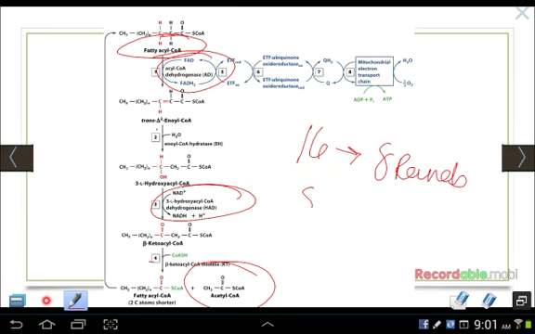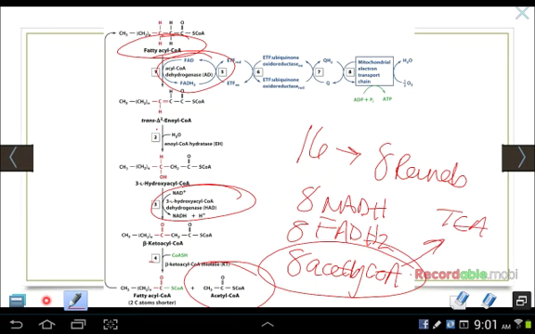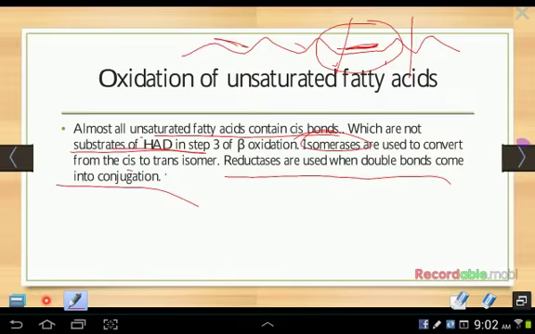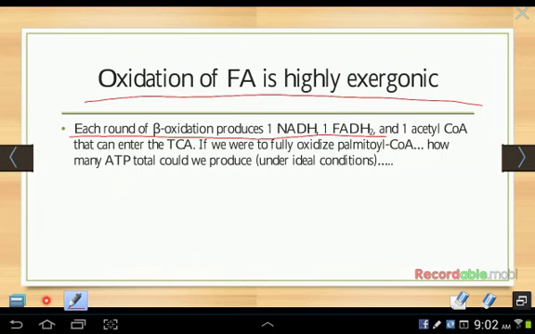So that's going to give us 8 NADHs, 8 FADH2s, and 8 acetyl-CoAs. Now, each of these acetyl-CoAs can go into the citric acid cycle, right? And then we're going to make a number of FADH2s and a number of NADHs. So let's come back. All right.